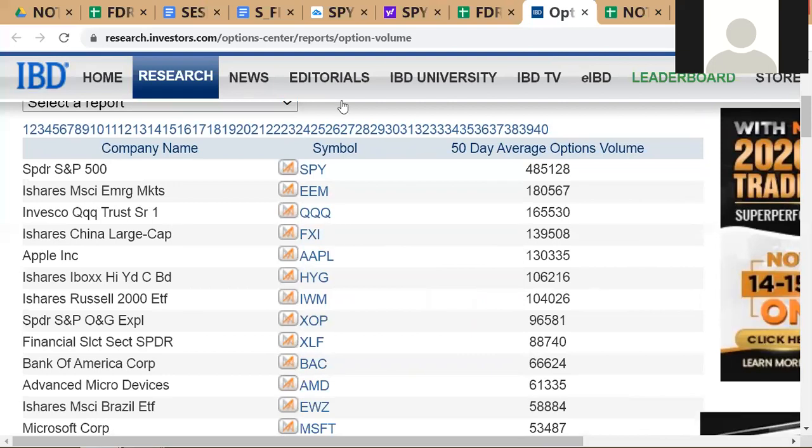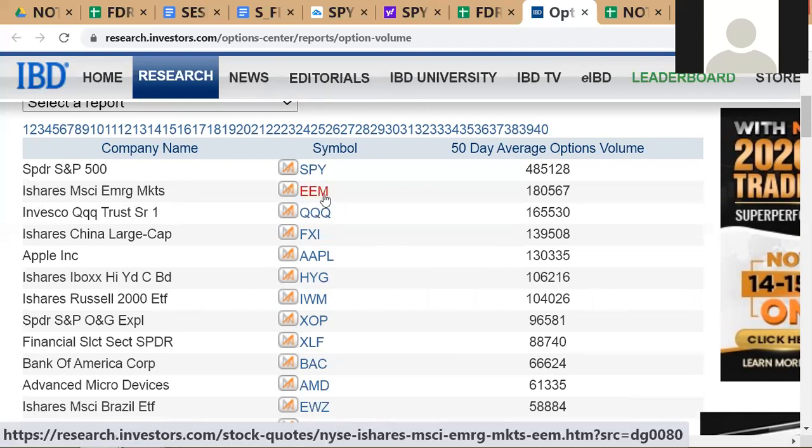Now, SPY I've included. Why have I not included EEM? EEM includes a bunch of emerging market indices. So I have left out ETFs and stocks that relate to companies and markets that are not trading in US time. Many of the components here don't trade in US time: China, Korea, India.